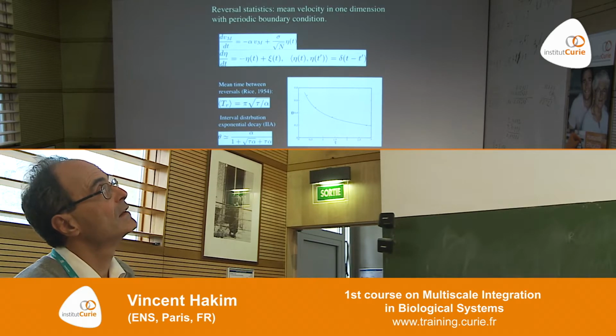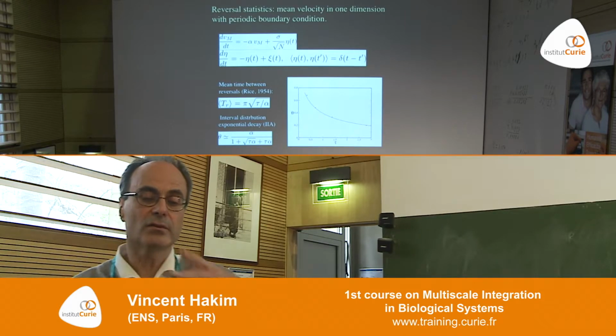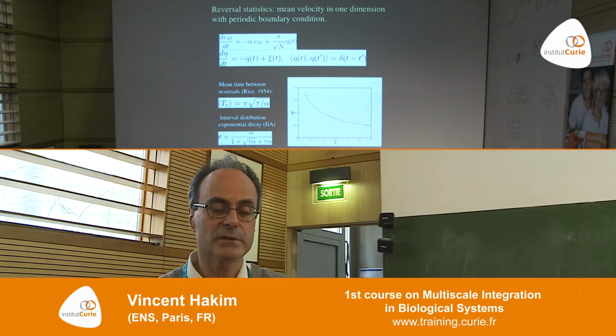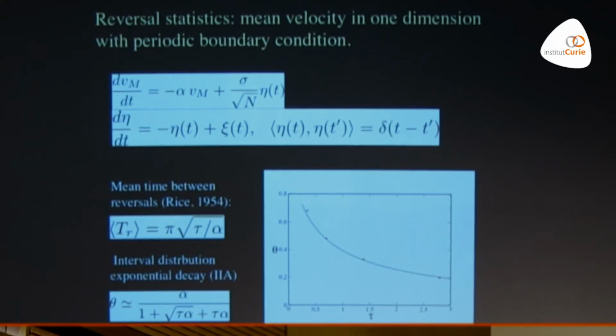And then the mean time between reversals, so here we have intervals where the velocity reverses. The mean time for a process like this is something that one can compute. This was done by Rice in '54 for general Gaussian motion.